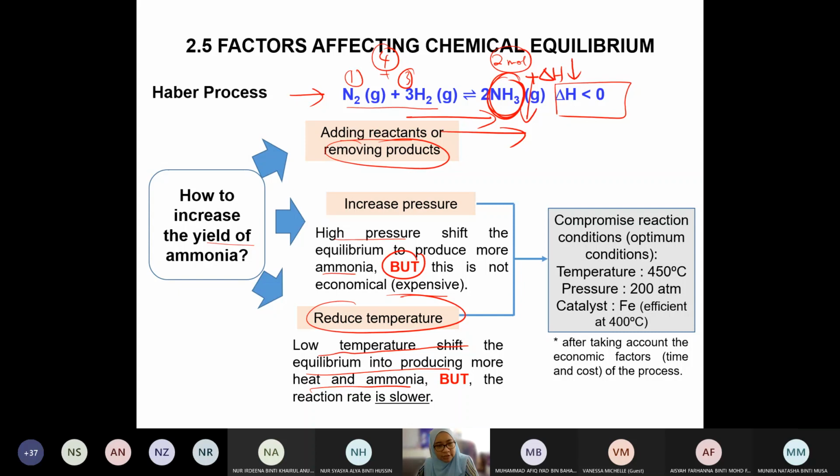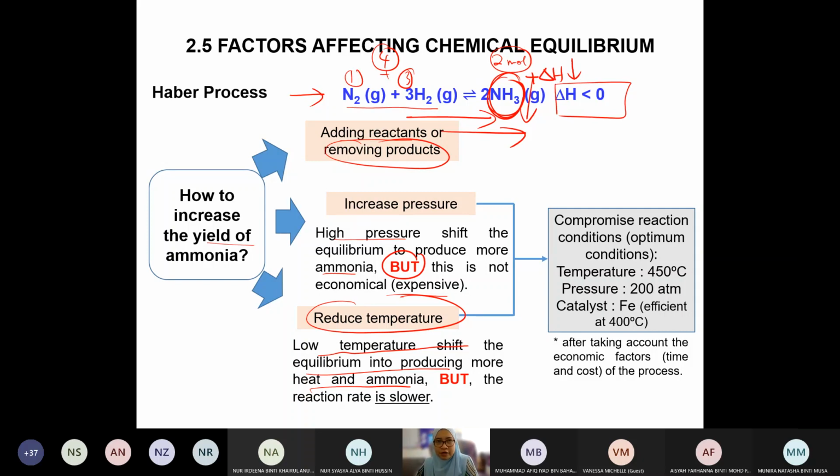Yes, the lower the temperature is good in terms of producing product, but in terms of rate, it will be very, very slow. Okay, it will be very, very slow. That means kalau katakanlah contoh, kalau normal temperature, rate dia laju, you can produce the product in terms of one day punya time.